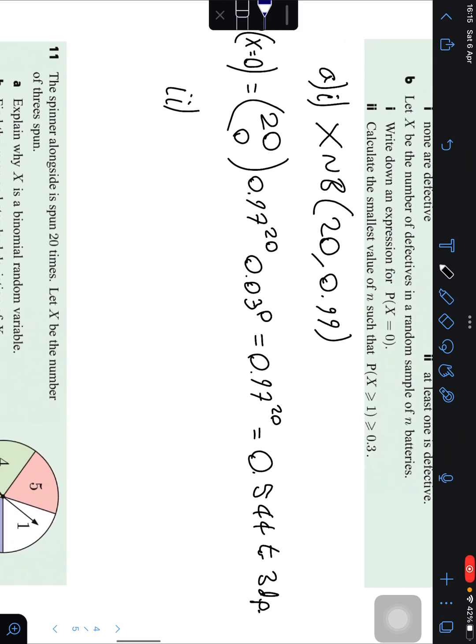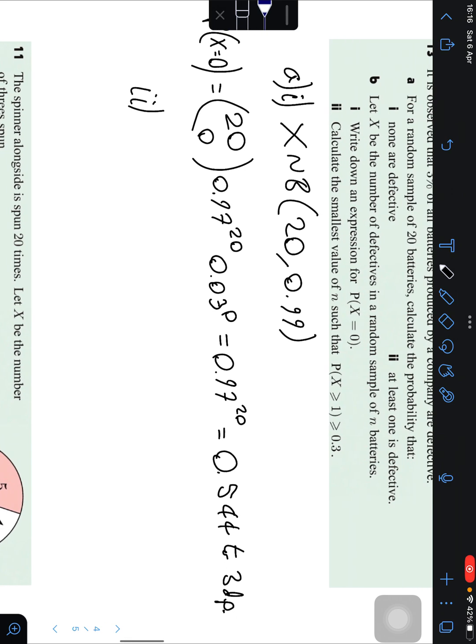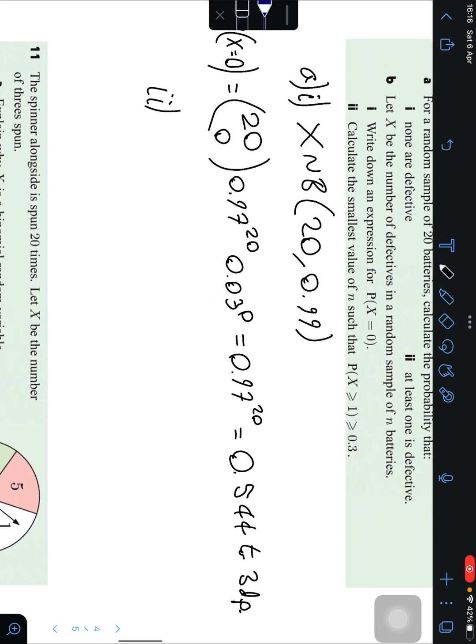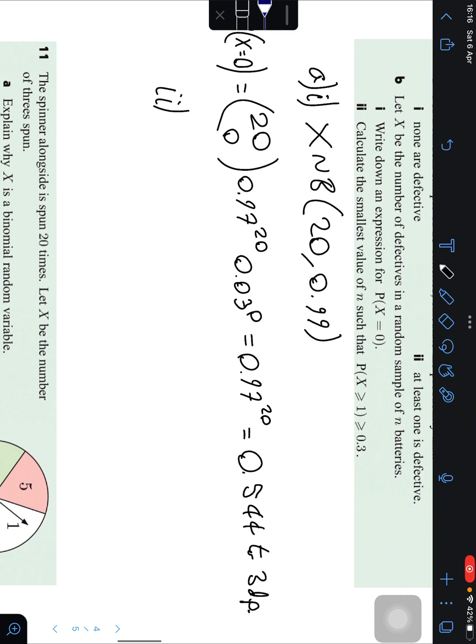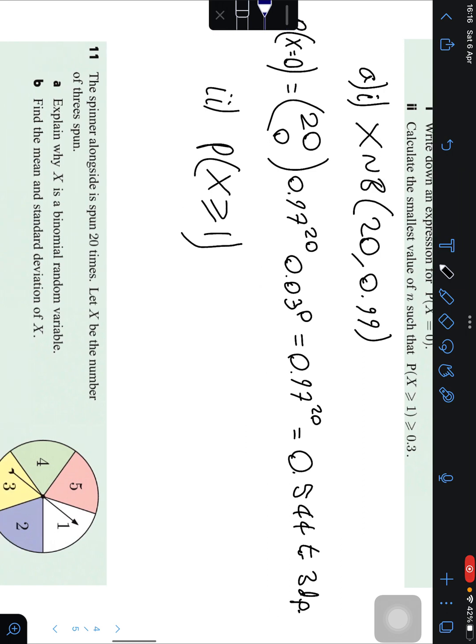At least one is defective. Again, you could put into your calculator P of x is greater than or equal to 1, and you just have to set your upper bound to whatever your upper bound is.